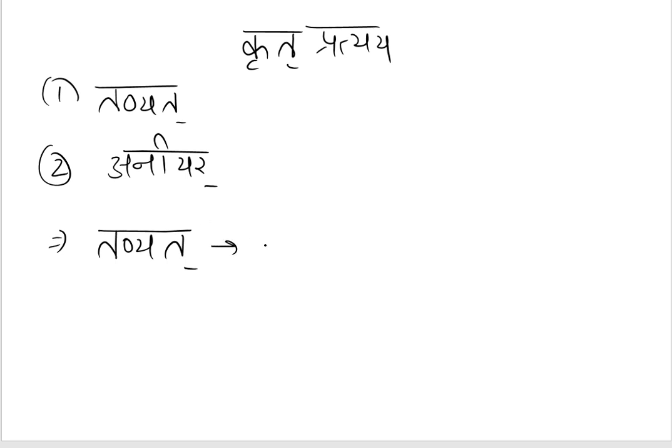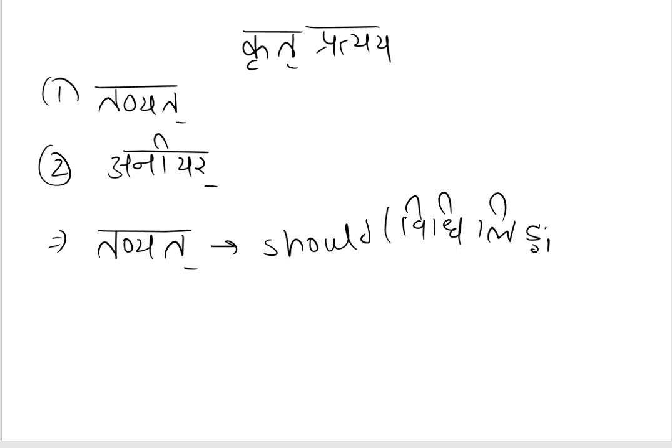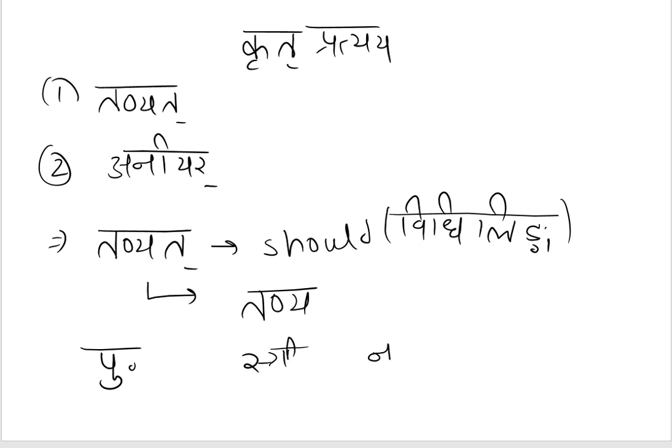The meaning of this Tavyat Pratyaya is 'should'. As we use Vidhiling Lakar, similarly we use Tavyat Pratyaya also. In Tavyat Pratyaya only Tavya will be left. This we make in Pulling, Striling and Napunsakling.